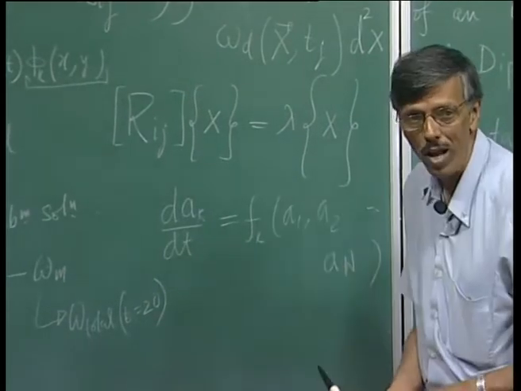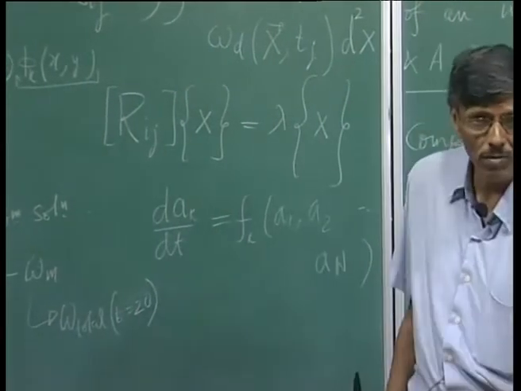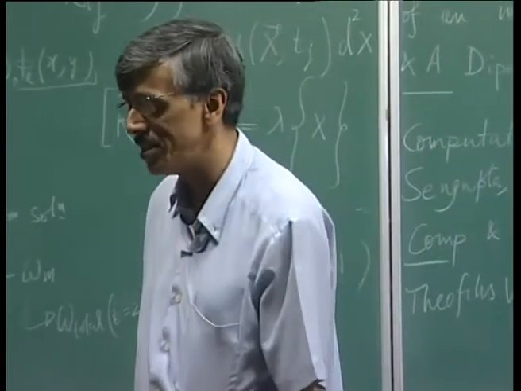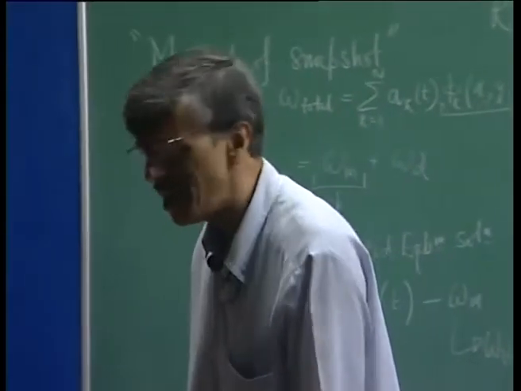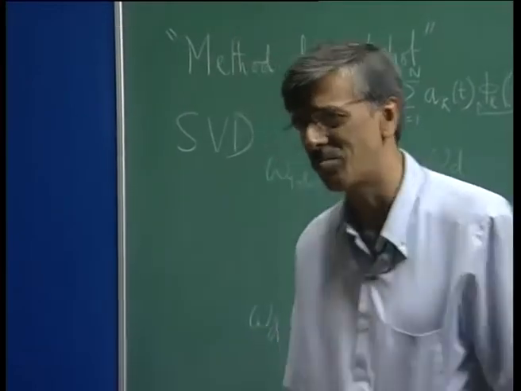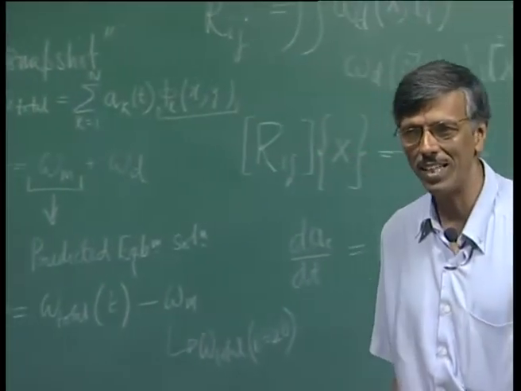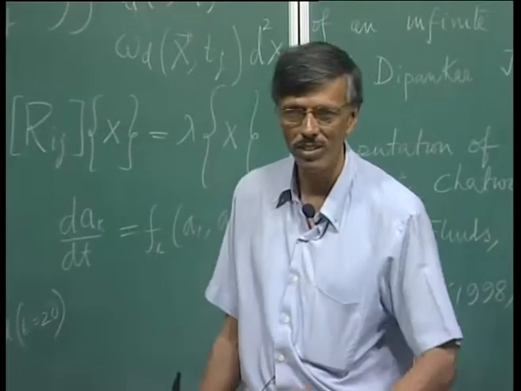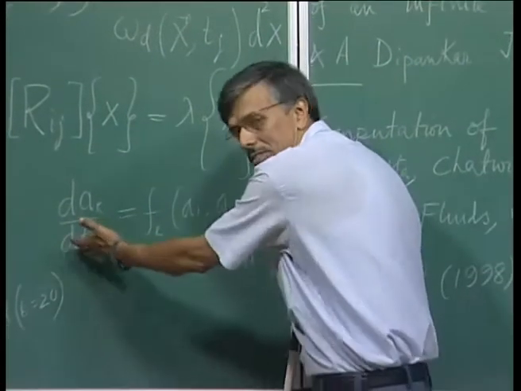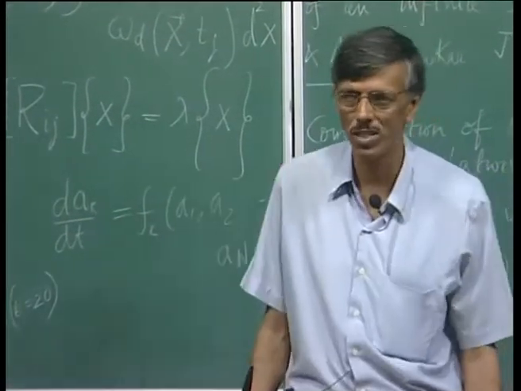We do not know, and they tried to obtain it from the Navier-Stokes equation. In trying to obtain it from the Navier-Stokes equation, a lot of limiting assumptions have gone in, and in the process people have lost track of how good this evolution equation is.